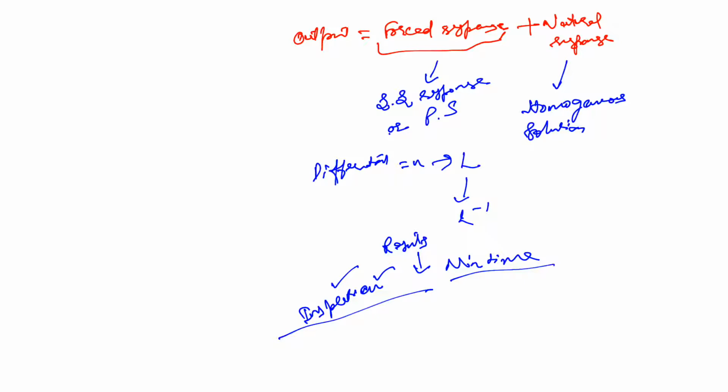Now one such technique is the pole zero technique. The pole zero technique gives us a qualitative approach to the problem. That is, we will see the things qualitatively.